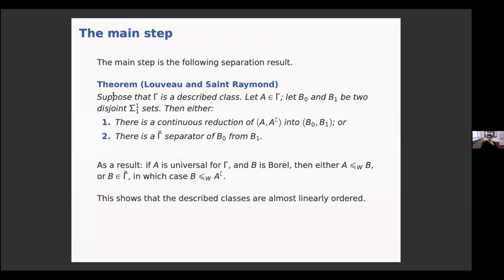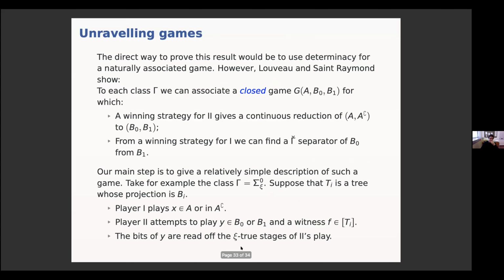I should probably stop. But just briefly to finish, there's a separation theorem that is a generalization of the comparability, that when applied to a universal set gives you comparability. And to prove that theorem, Louveau and Saint-Raymond use some kind of notion of unraveling games.